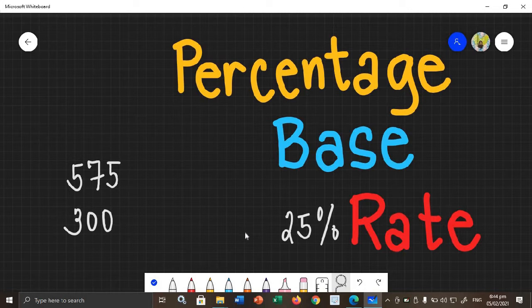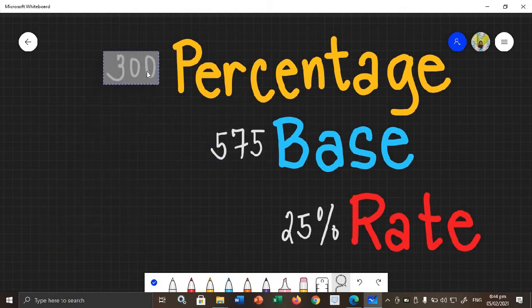Now, for our base and percentage, according to our definition earlier, base is the whole or the original amount. Technically, base is always greater than the percentage. So between these two numbers, 575 is bigger than 300. So, technically, 575 is your base. And then, 300 is your percentage.